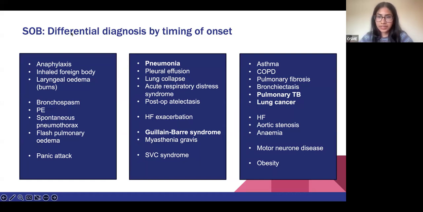And then finally, the chronic things are the classic chronic lung problems: asthma, COPD, interstitial lung diseases. And then you want to rule out TB and lung cancers. Cardiac causes that are chronic are heart failure, and I mentioned the outflow problems, aortic stenosis. And then long-term neuromuscular causes, motor neuron disease.